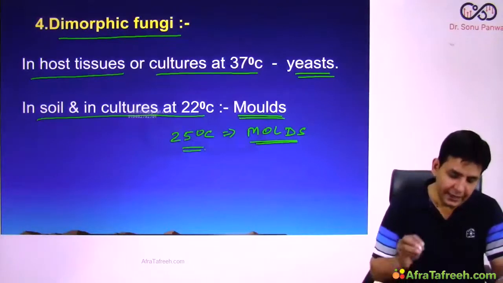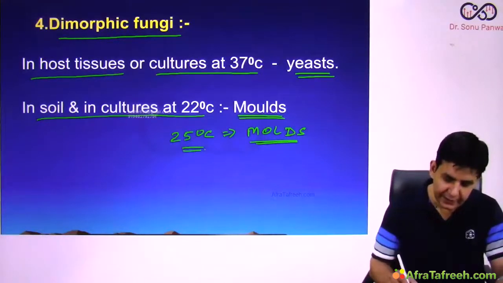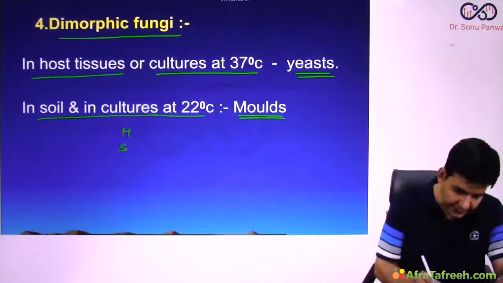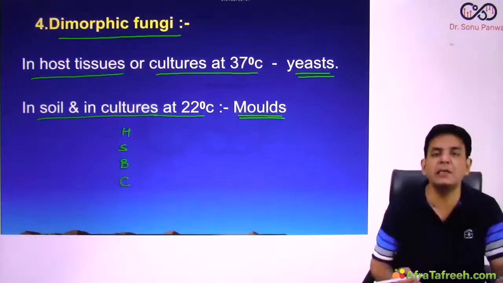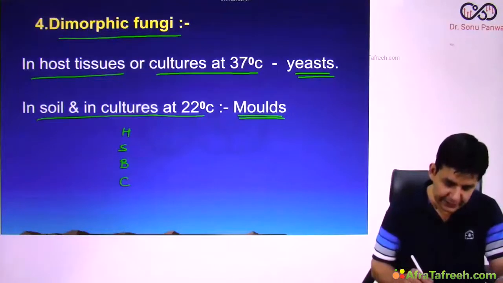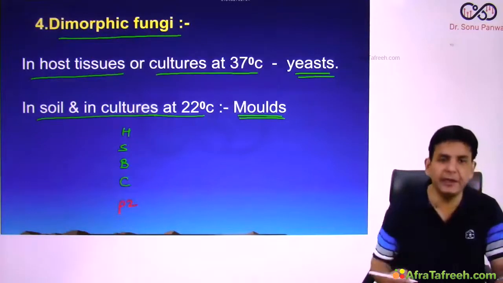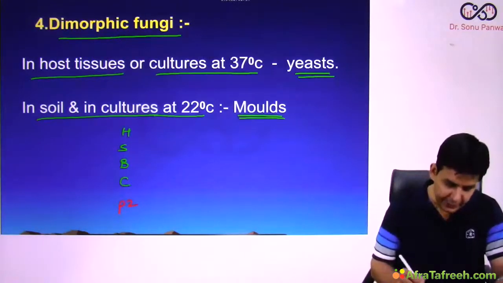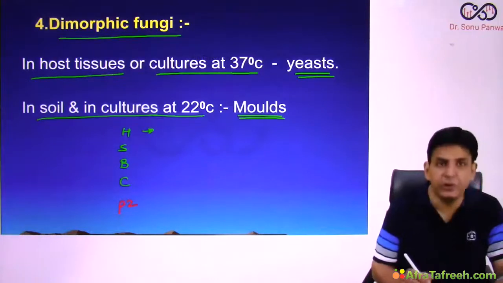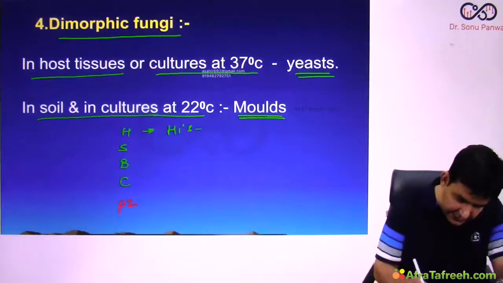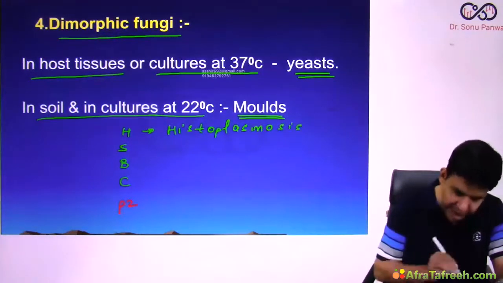In this, what you need to remember is the various dimorphic fungi. So remember them by a mnemonic: HSBC P square. HSBC, you know, that is a bank. So H is histoplasmosis.